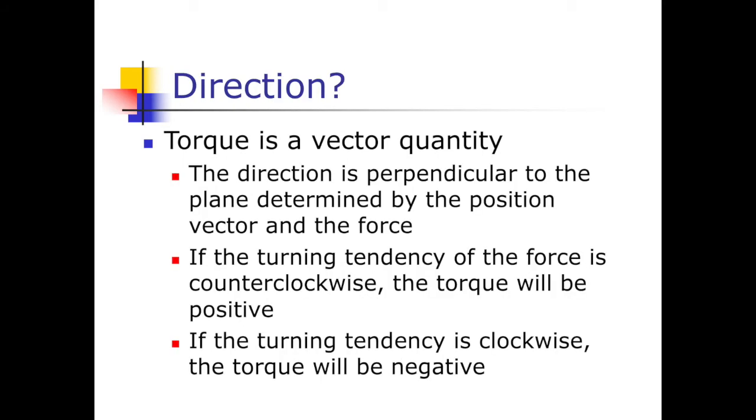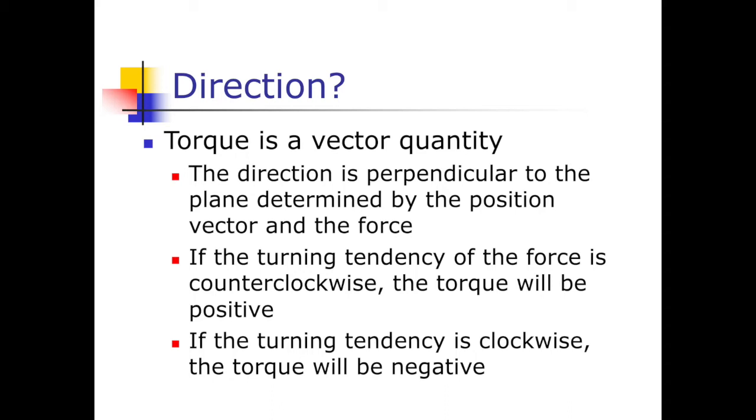Now, when we come up with the direction of torque, it's important to recognize that torque is itself a vector quantity. However, when we're actually calculating torque, we're dealing with a position vector and doing some math with it involving another vector that is perpendicular to that position vector. Because of this, finding the actual direction of torque can be a little tricky because it doesn't quite make sense in our current understanding of dealing with vectors that we would just say that it is in the direction of force.